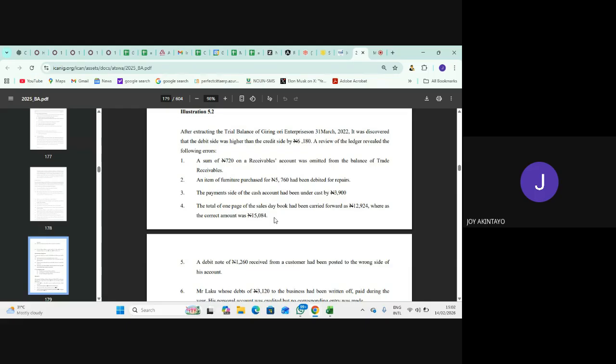Right from the source documents, this error is from our subsidiary books of accounts. So which kind of error is that?